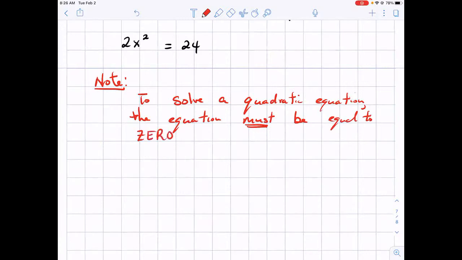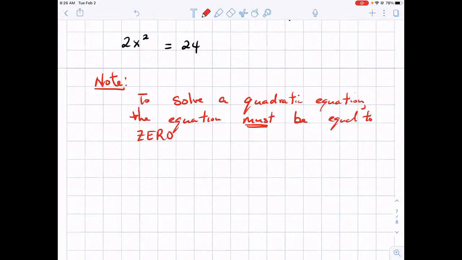Okay? It has to be equal to 0. I strongly recommend it for you. There's a few cases, if b is 0, then you know we're okay. But I don't like that, and I'll show you why anyway.